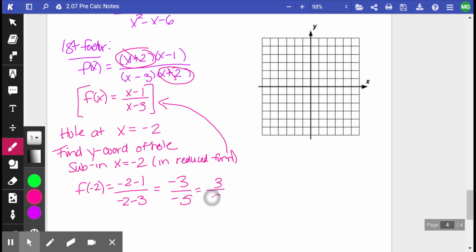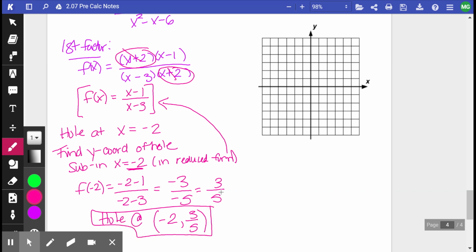Never leave double negatives. I get 3/5. So the hole is at negative 2 for the x, because that's what I subbed in, comma 3/5. So that's my hole. And then I want to find my asymptotes as well. So now let's find the vertical.